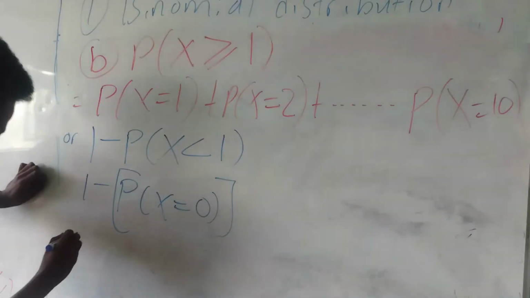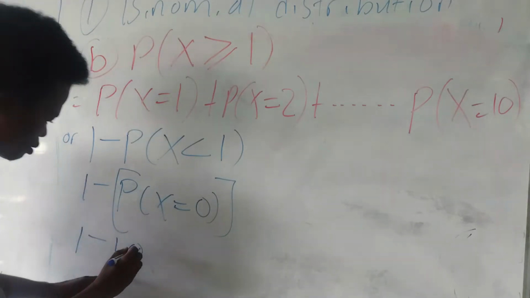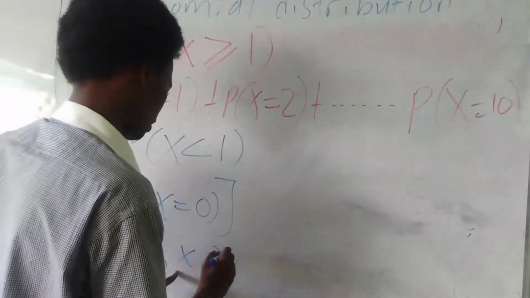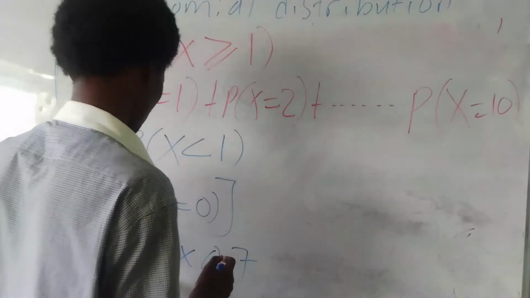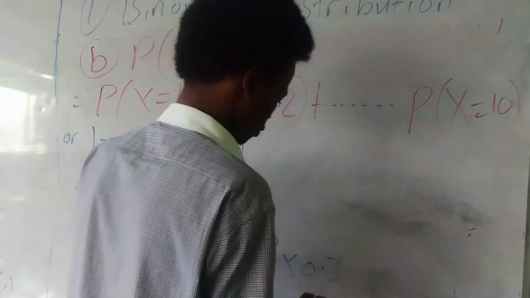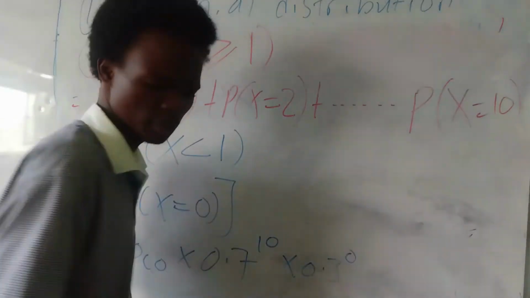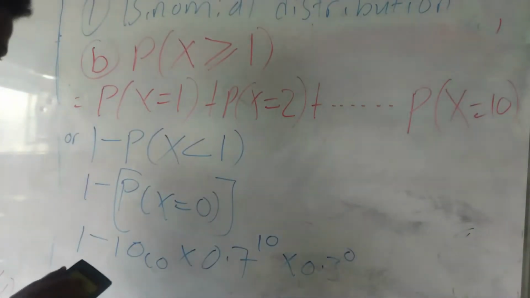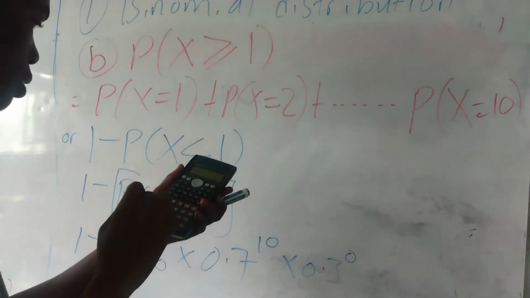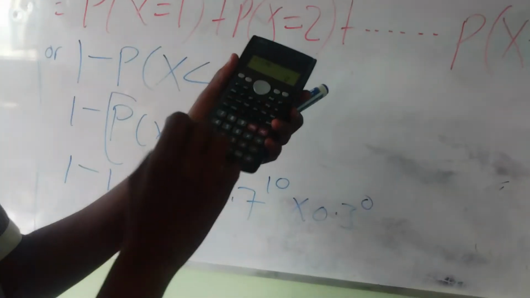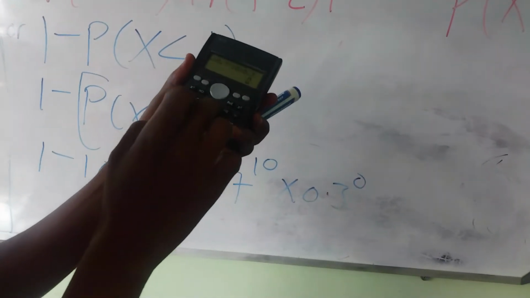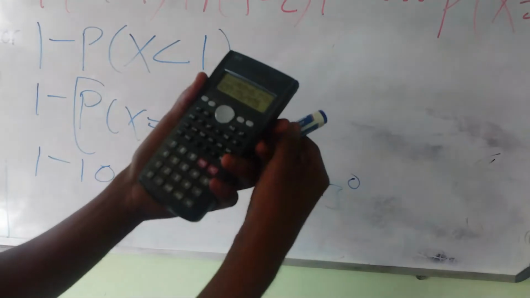So it's now 1 minus 10 choose 0 times 0.7 to the power of n minus x, which is 10, times 0.3 to the power of 0. Any number to the power of 0 is 1, so it is now 1 minus 10 choose 0 times 0.7 to the power of 10 times 0.3 to the power of 0. So the answer is 0.97.